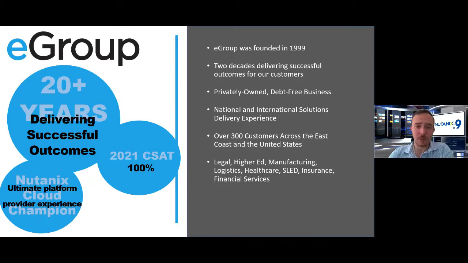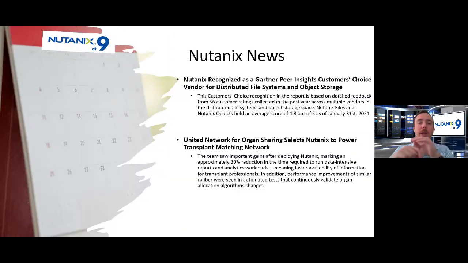Real quick, before we jump into the Q&A, as I promised, there are some updates that we wanted to share, just some general news around Nutanix. One of the main things, actually specific to file storage and their object storage, as many of you may be aware, Gartner has their Magic Quadrant and does a lot of reviews on technology vendors. They've also got their Customers' Choice denotation for different groups that have received a certain number of reviews at a certain level of score.